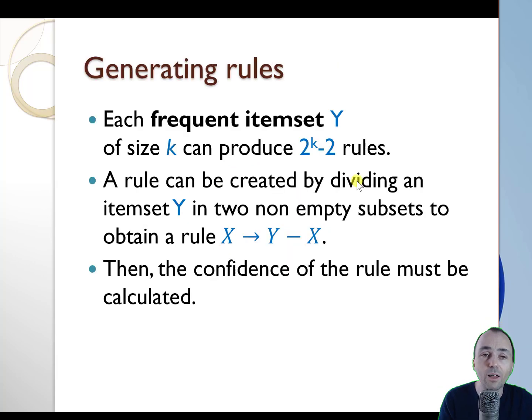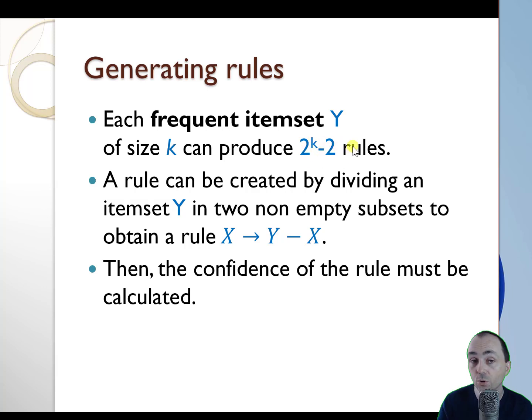So now let me dive into more details about this. There are more ideas that we can use to make this even faster to find the rules. If we have a frequent item set Y, we could prove that we can make 2 to the power of k minus 2 rules.